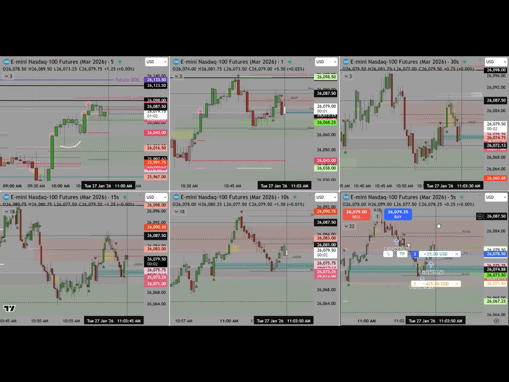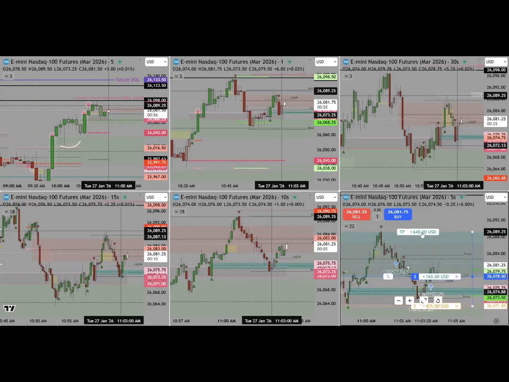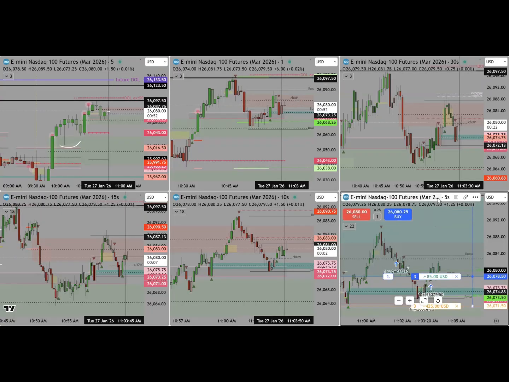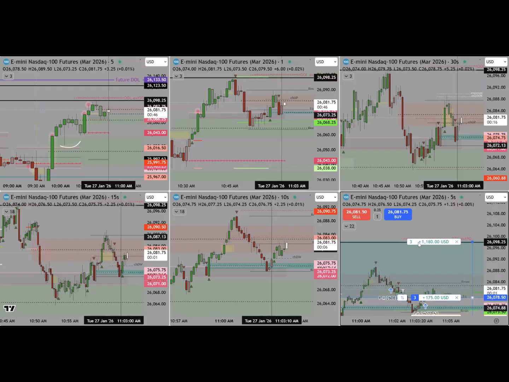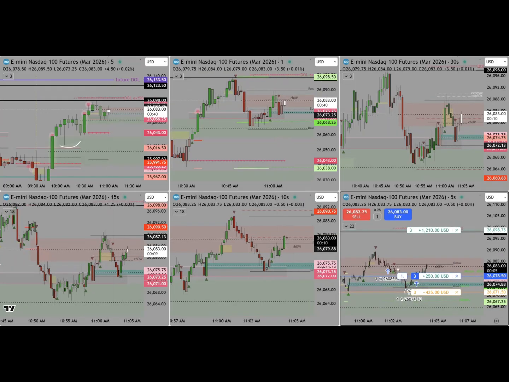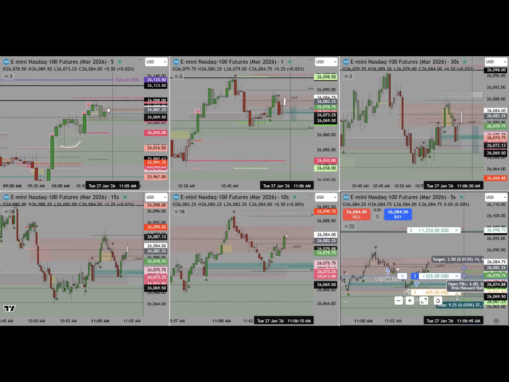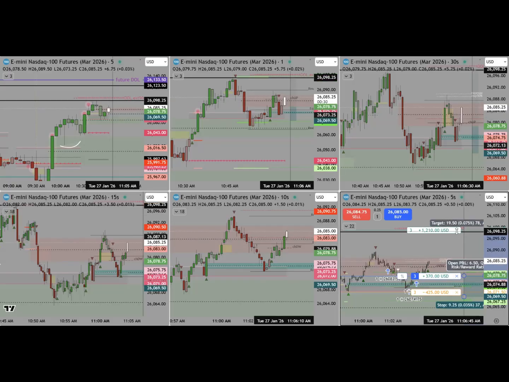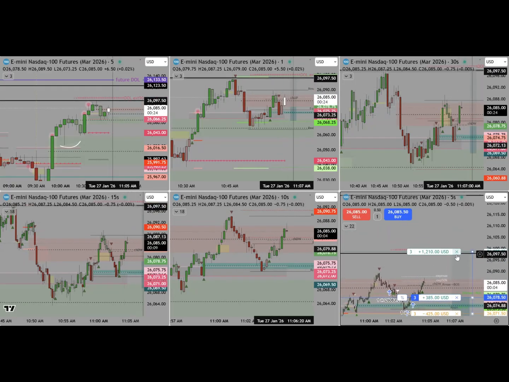Nothing to do here. We can aim for at least a new high, but the liquidity is going to be over here, this black line. So our trade is going to be stop here and over here, set to risk reward.